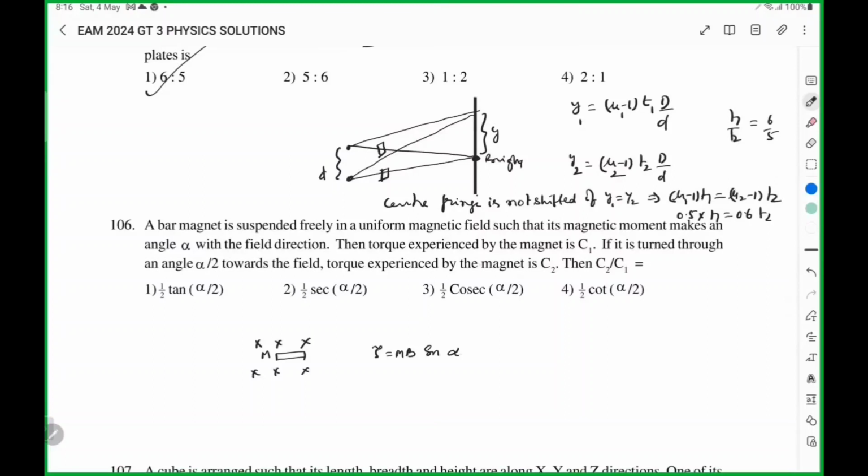The torque experienced by the magnet, if it is turned through an angle alpha towards the field, will be mB sin alpha by 2, which is c2. And he is asking c2 by c1, which is mB sin(alpha by 2) by 2 sin(alpha by 2) cos(alpha by 2). The factors get cancelled with half.